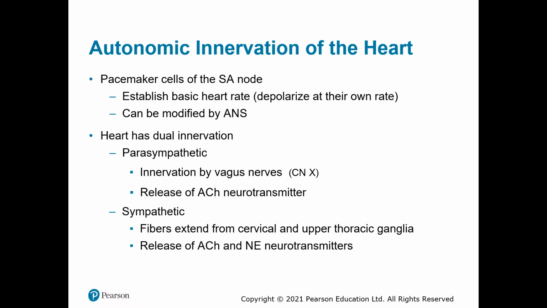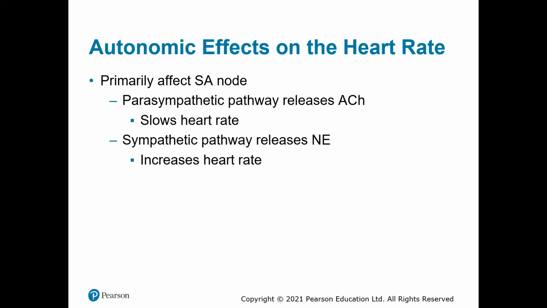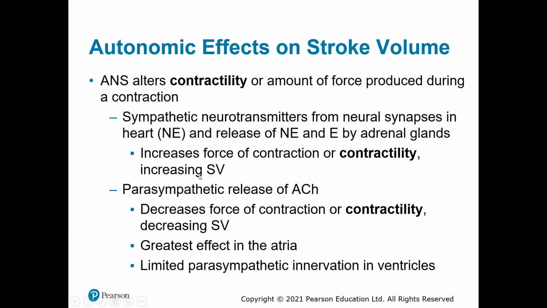I think without your vagus nerve being active the way it should be, your SA node would set the pace of your heart much faster than 60 beats per minute. So they affect the SA node pretty much. The parasympathetic pathway is going to slow your heart rate. Sympathetic pathway is going to speed up your heart rate.